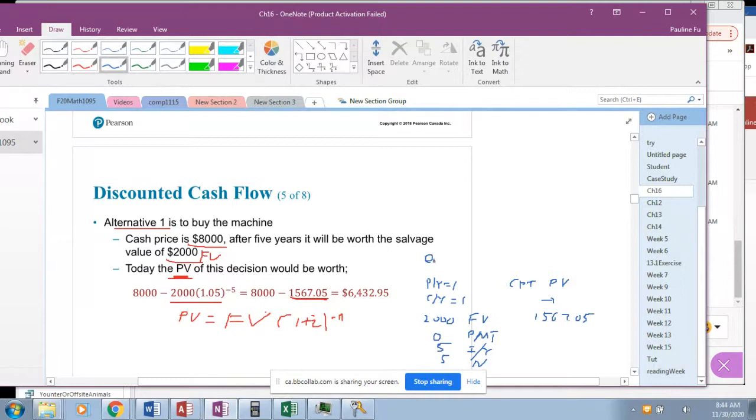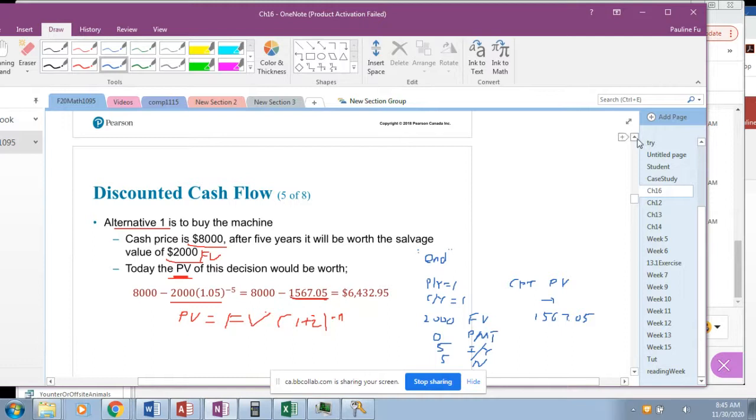My calculator is in END mode. So this is how you calculate the present value of 2000 and then subtract this present value from 8000. You get the present value of alternative 1.